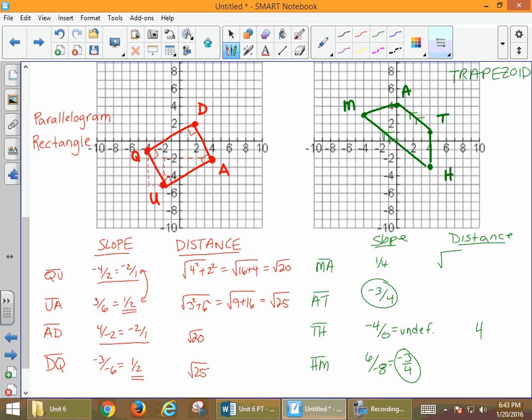I went up 1 and over 4, so 1 squared plus 4 squared. Well, 1 squared is 1, 4 squared is 16, and the square root of 17 is not 4. So it is not isosceles, but it is a trapezoid.